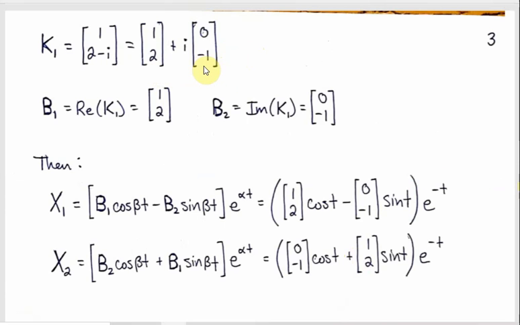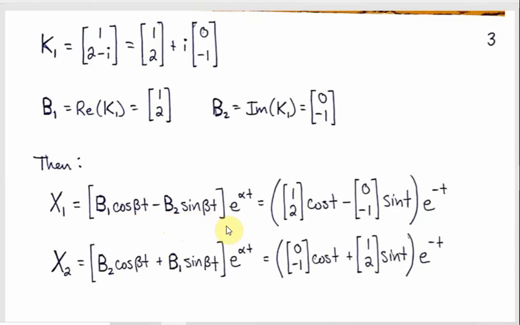And then we said, on the first page, b1 is the real part, so it's just that 1, 2 vector. B2 is the imaginary part, so it's the 0, 1 vector. That's enough to put x1 and x2 together, because now we know what alpha and beta and b1 and b2 are.